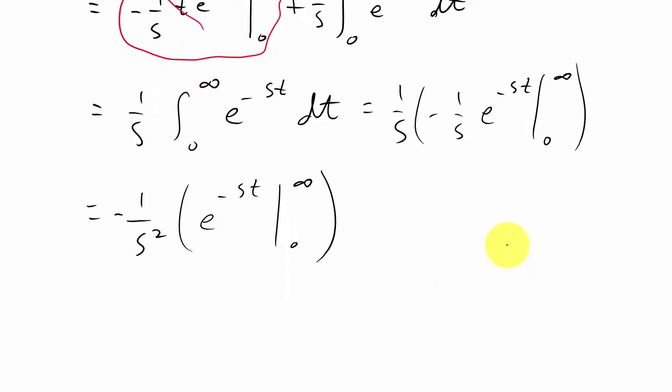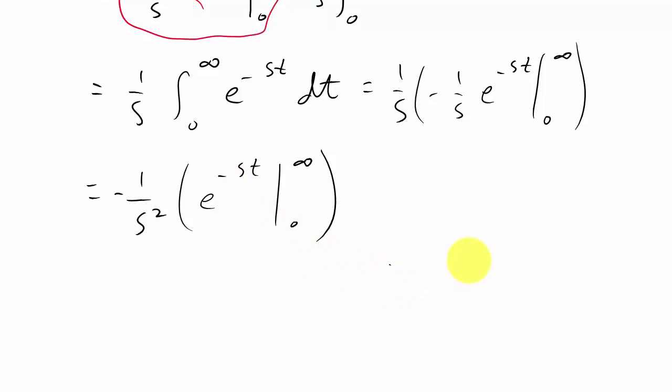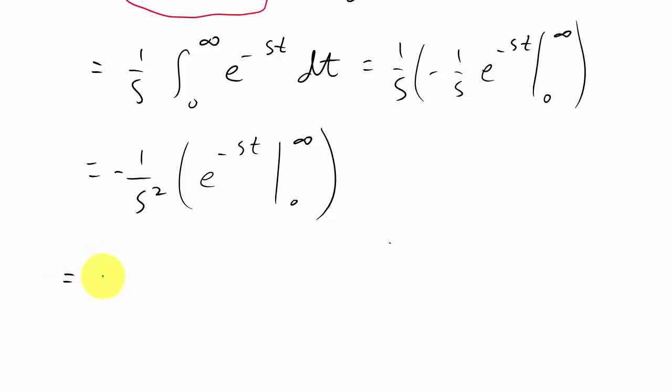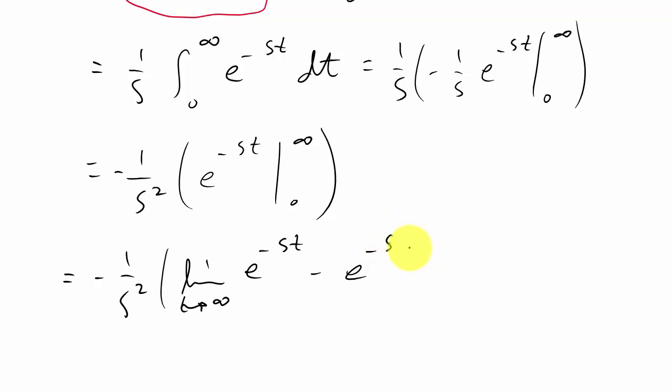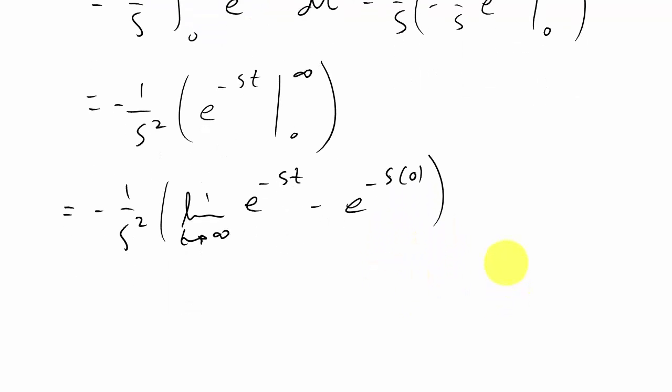Alright, now we need to evaluate this thing. So let's just write this all out. That's going to be negative 1 over s squared times the limit as t goes to infinity of e to the negative st minus e to the negative s times 0. Okay. Now look at this term.